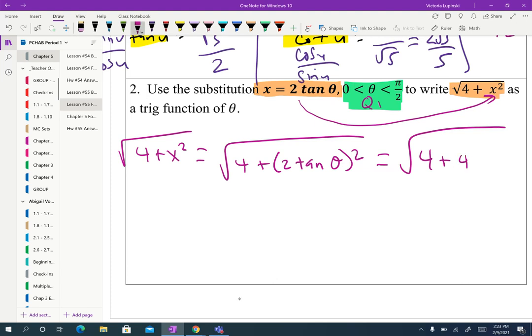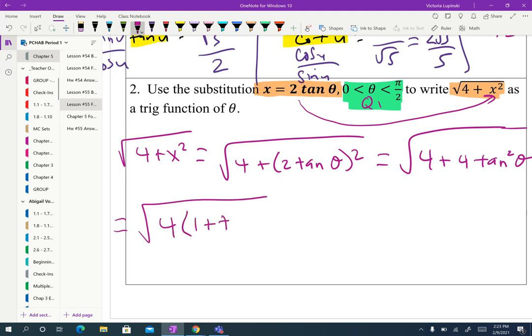Square the tangent, you get a tangent squared, and make sure you put the squared in the right location between the tangent and the theta. That's looking good. We like that, but there's more to be done. There's more to simplify. So 4 plus 4 tangent squared. I do know the square root of 4, but I can't do anything about it right now, not until I factor it out.